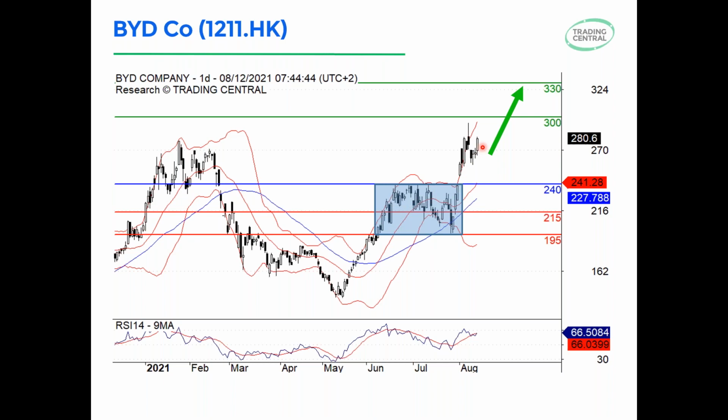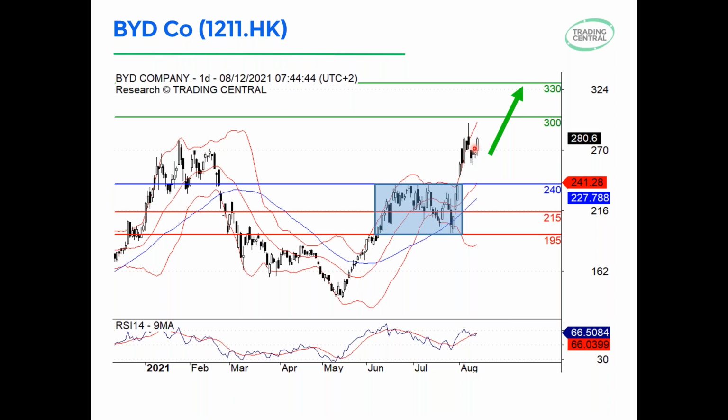Why? Because it has something to do with the company I mentioned a minute before. There are a lot of reports saying that BYD is going to supply Tesla with car batteries. They call it a blade battery, which is a very advanced, more efficient one. So BYD is going up.